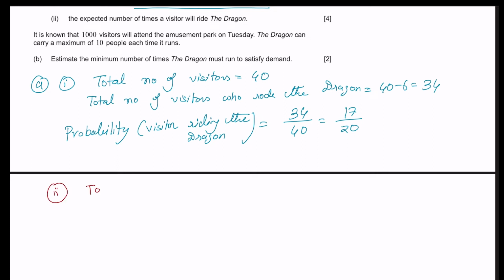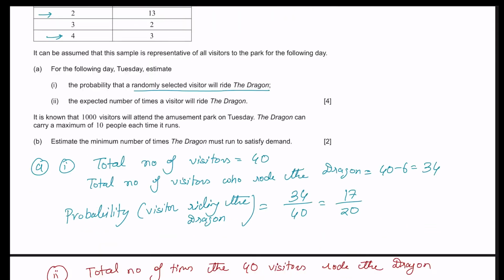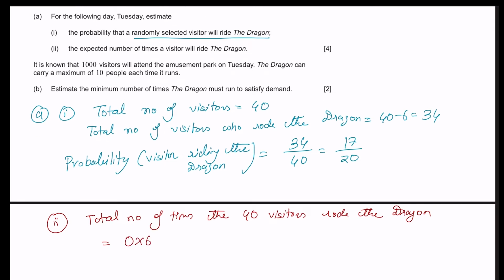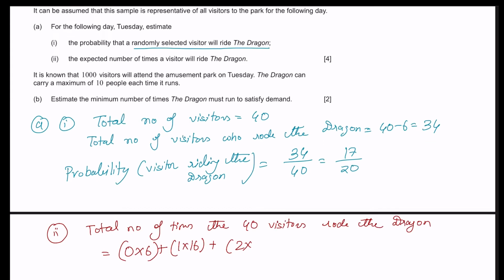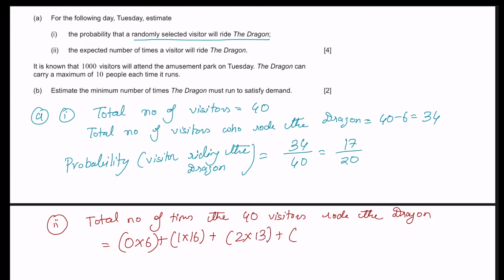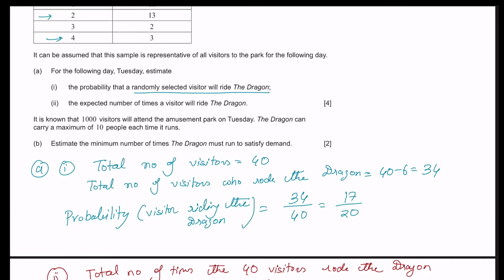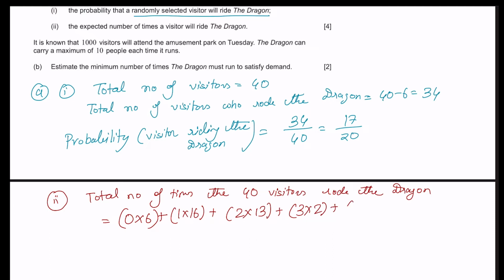So total number of times the 40 visitors rode the Dragon. 6 people didn't ride it, so 0. 16 people once, and then 13 people twice, 2 people thrice, and 3 people 4 times.